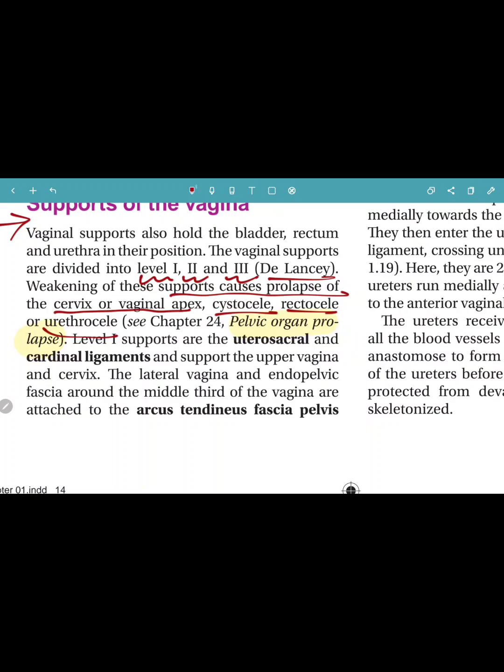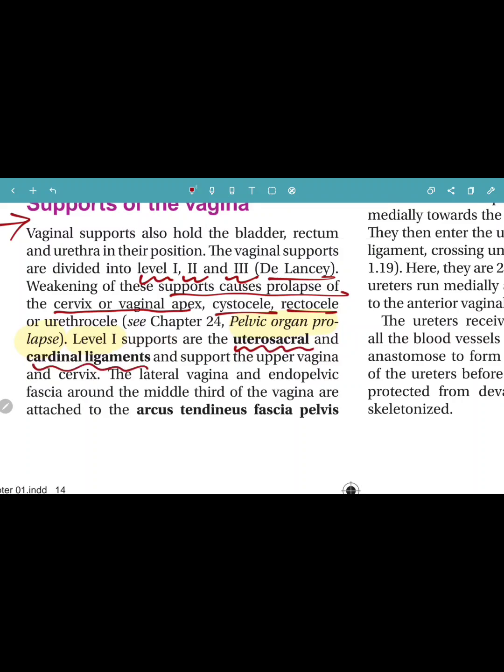If you look at level 1, the supports are the uterosacral and cardinal ligaments, and they support the upper vagina as well as the cervix.